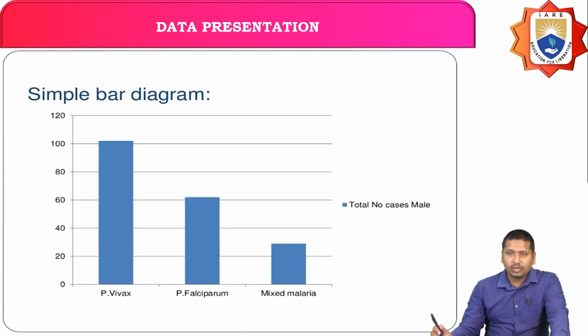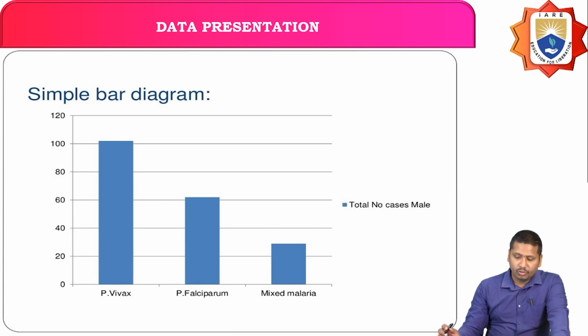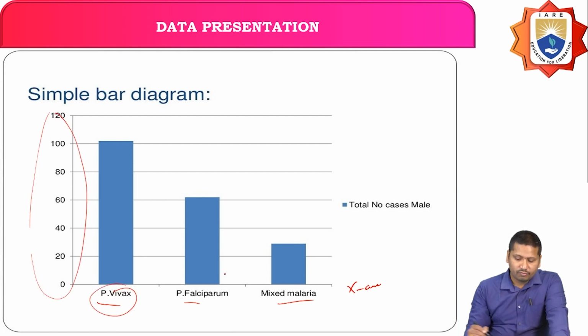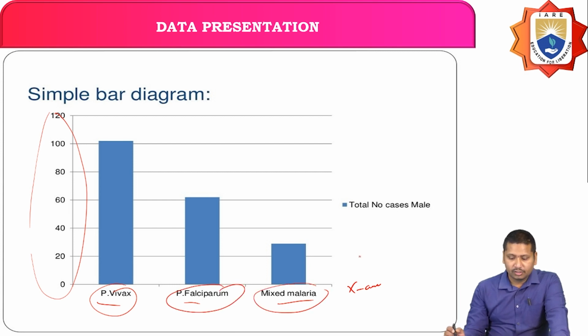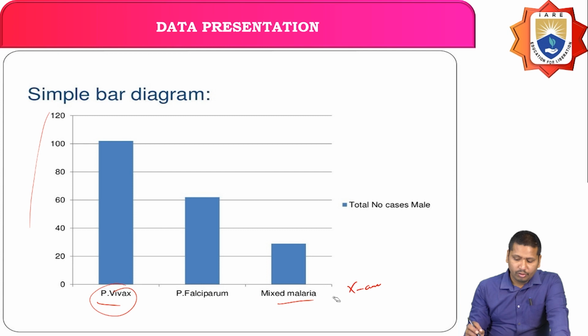So the simple bar looks like this. It shows the relationship between two variables. On the x-axis I take the type of disease, and on the other axis the number of people suffering from this kind of disease: vivax, falciparum, and mixed malaria. So this is a simple bar diagram.